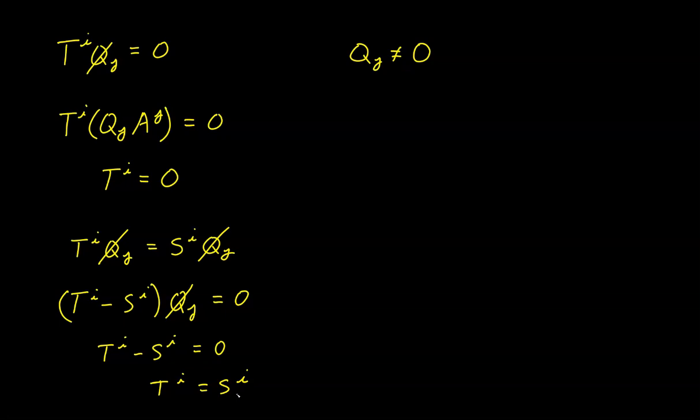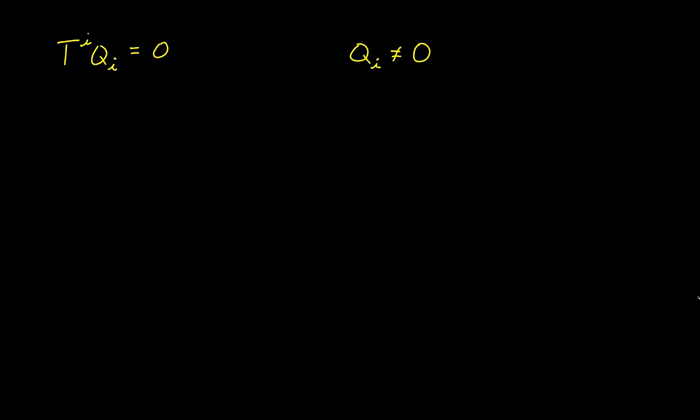Well, let's see if the same thing works for inner products. Okay, this time we have an inner product. I here is a dummy index. So let's try our technique. We're going to try to eliminate Qi by forming a contraction using an arbitrary vector. But this time we run into a snag.